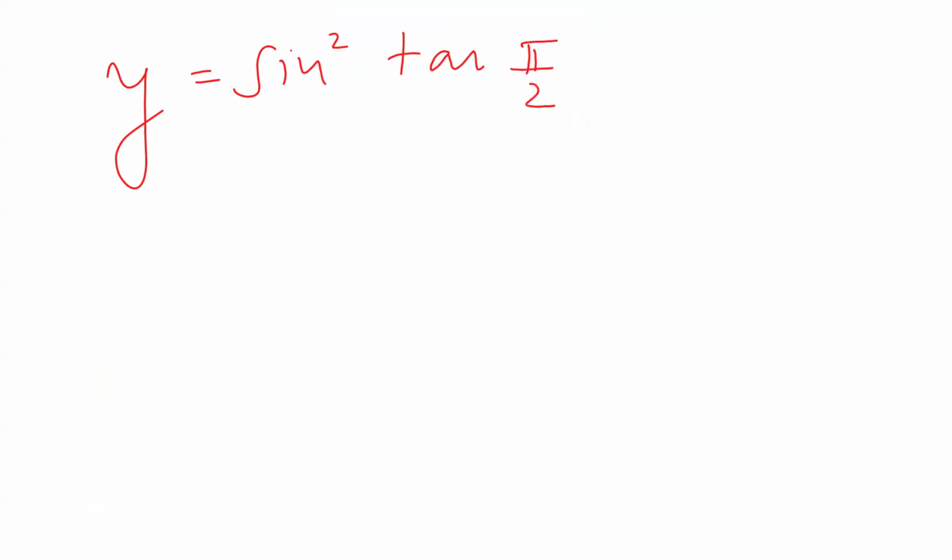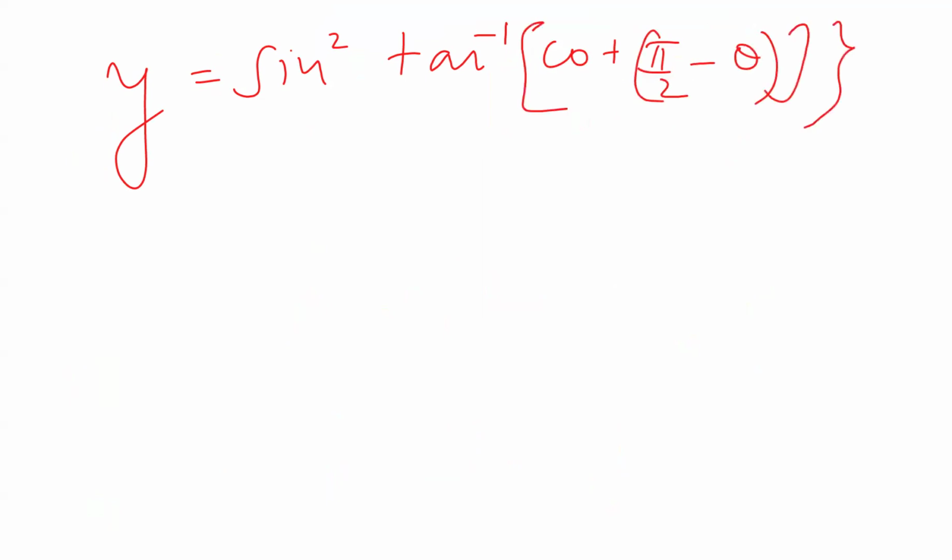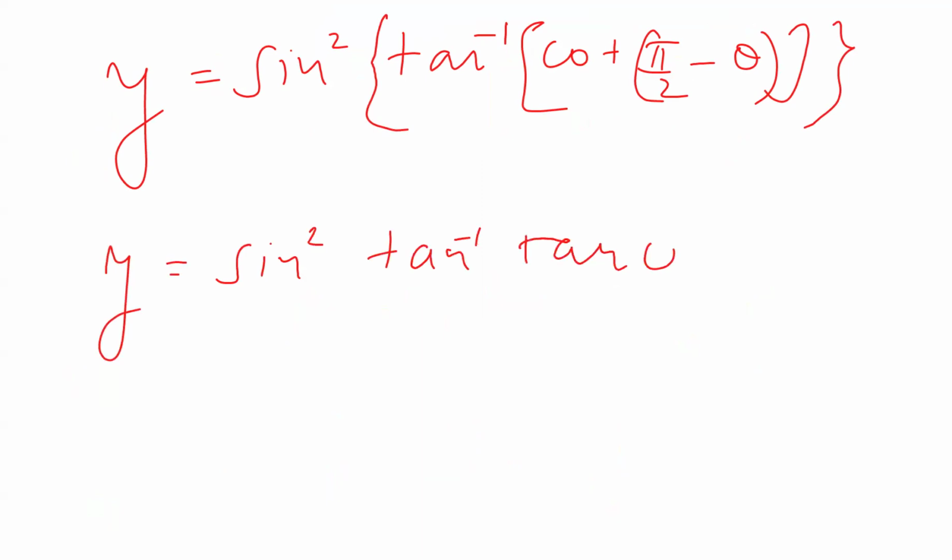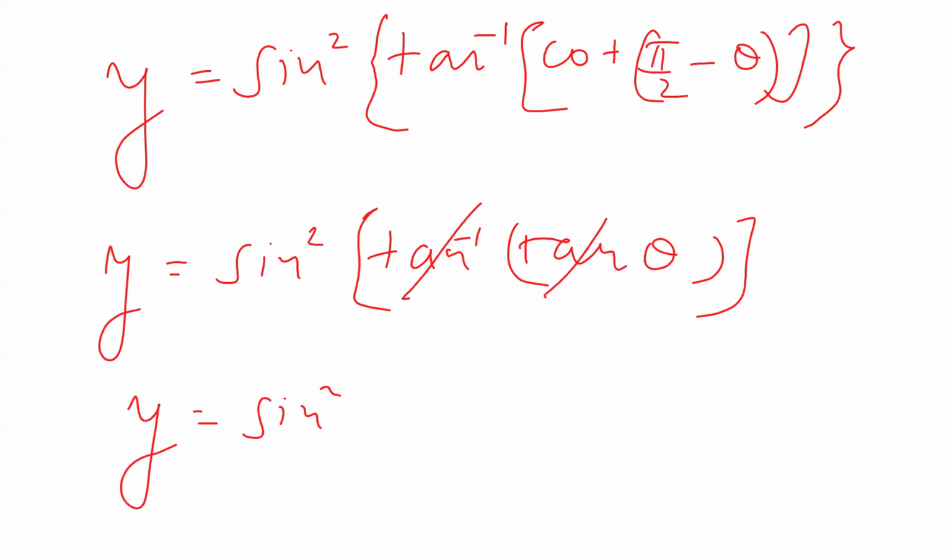Just a second, cot pi by 2 minus theta. Now cot pi by 2 minus theta is nothing but tan theta. Tan inverse and tan are getting cancelled. So y is equal to sine square theta.